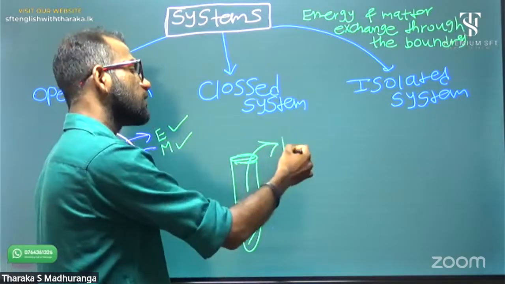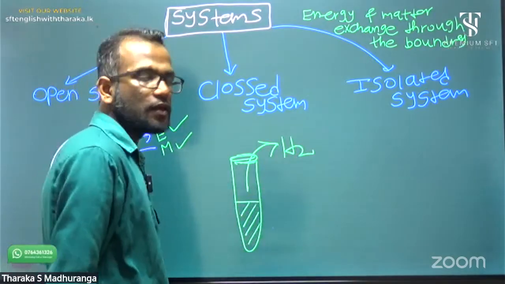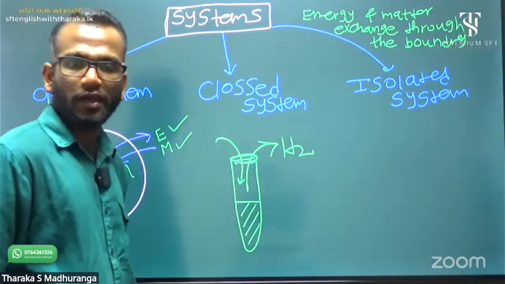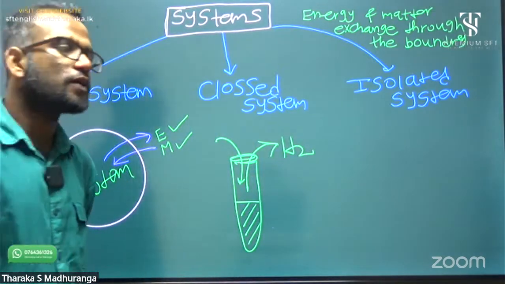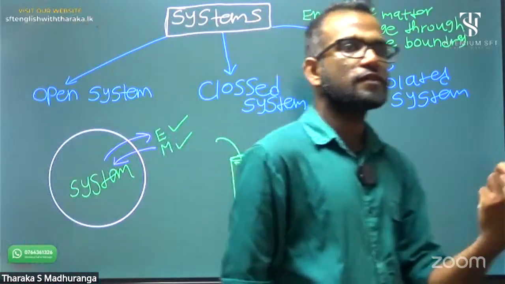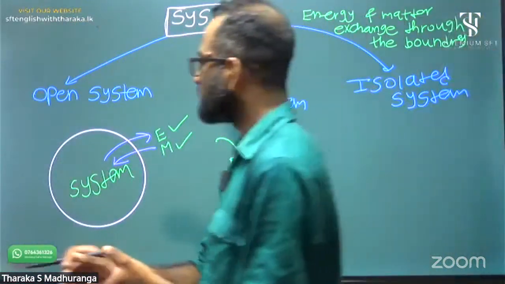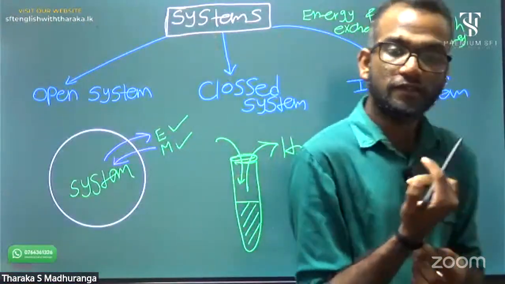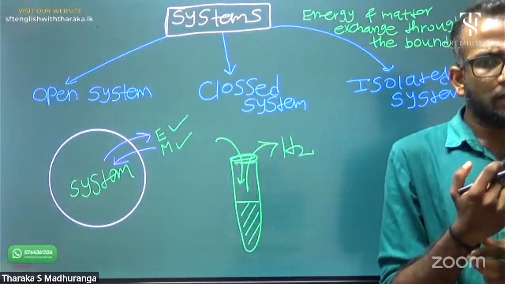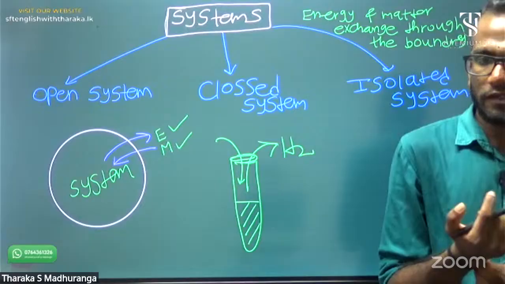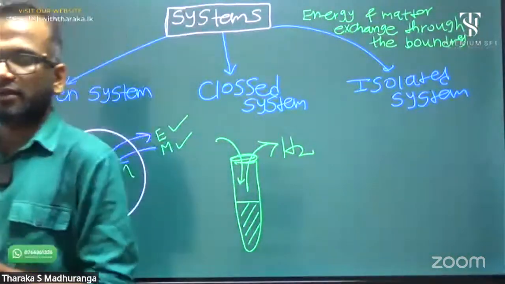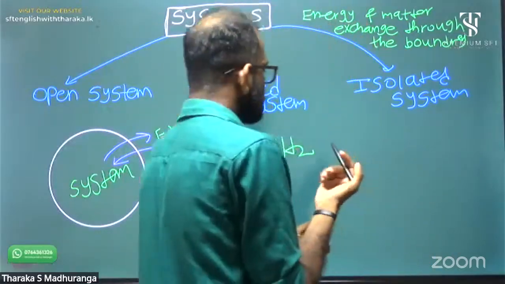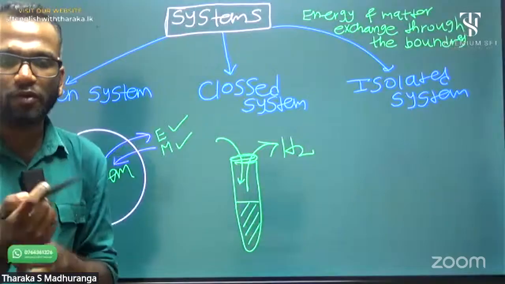Think if hydrogen gas is formed here, hydrogen gas is released, right? And heat and light energy can enter the system. If I take an open test tube, it's an open system. What else are examples for open system? What are the other examples for open system? If I take our cell, is it open or closed? Open system or not?